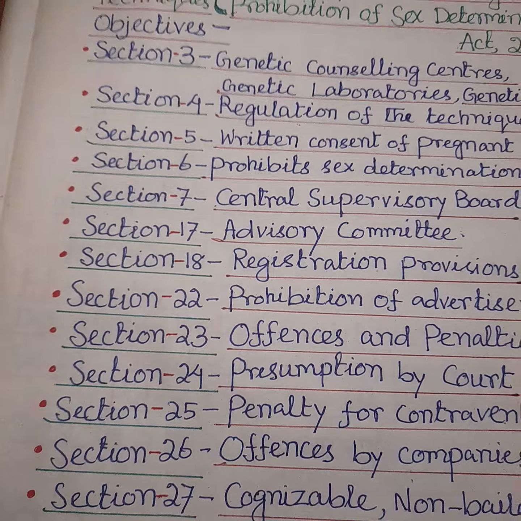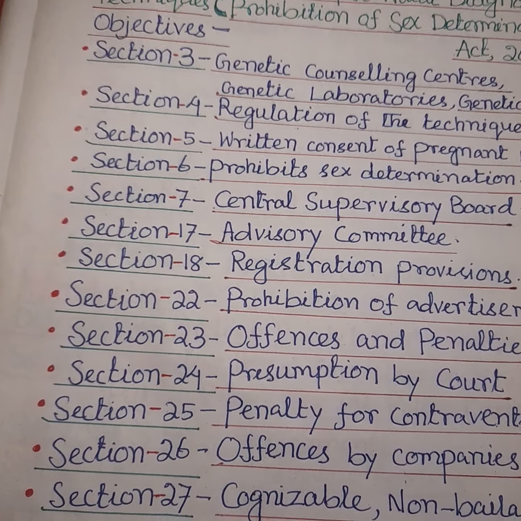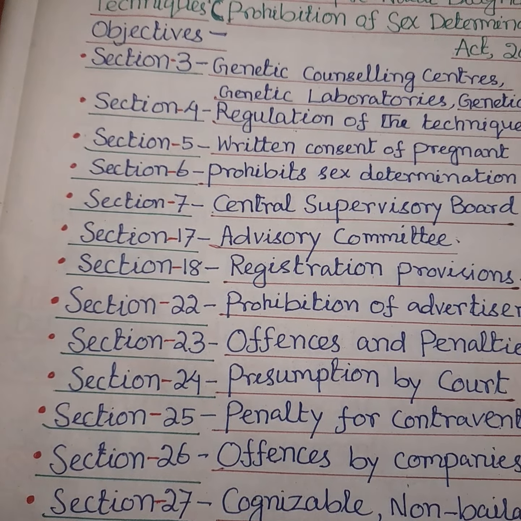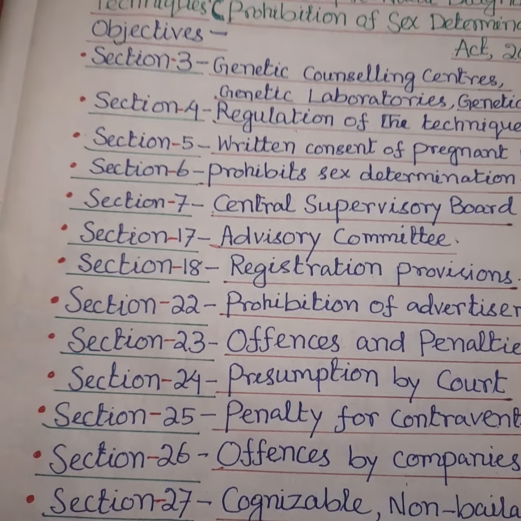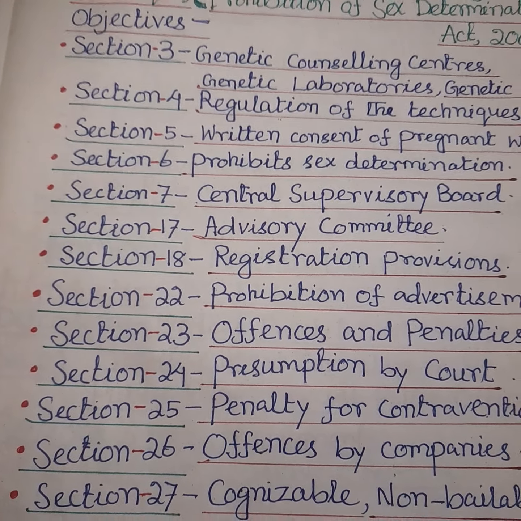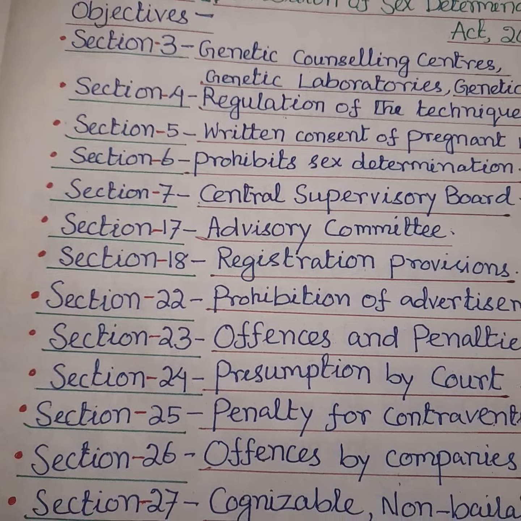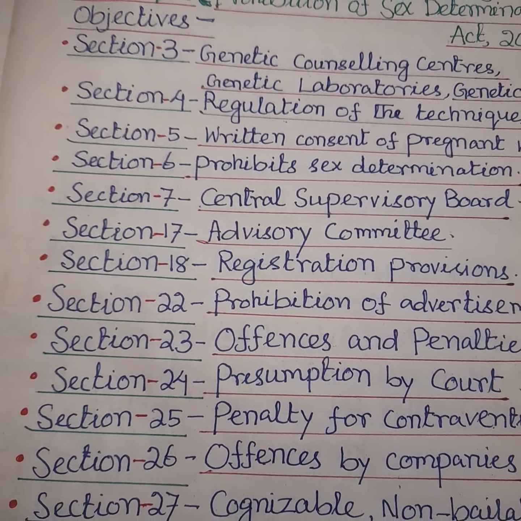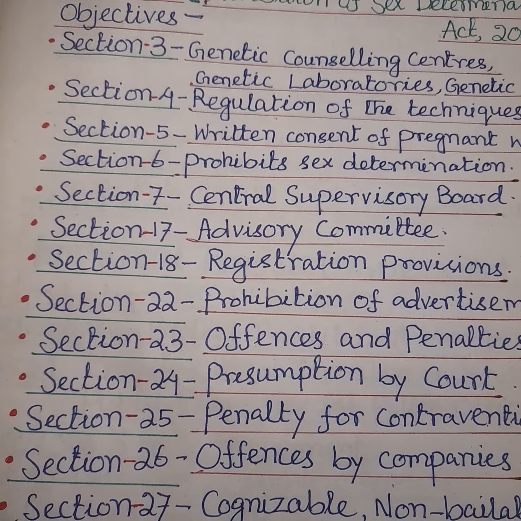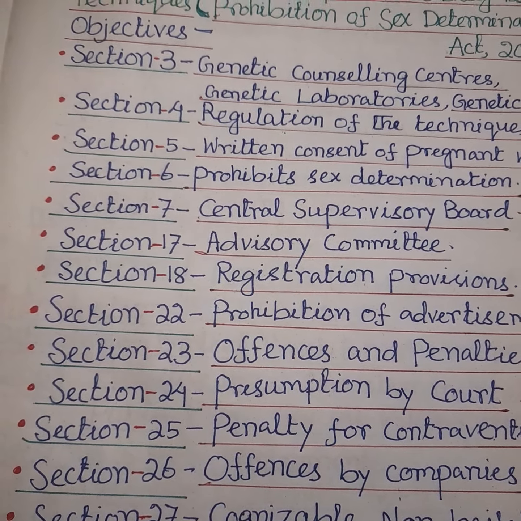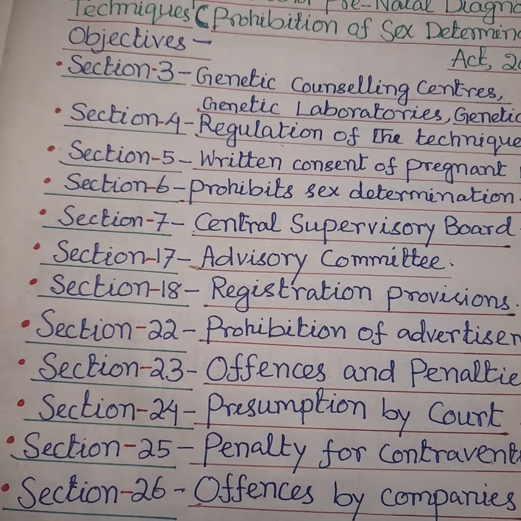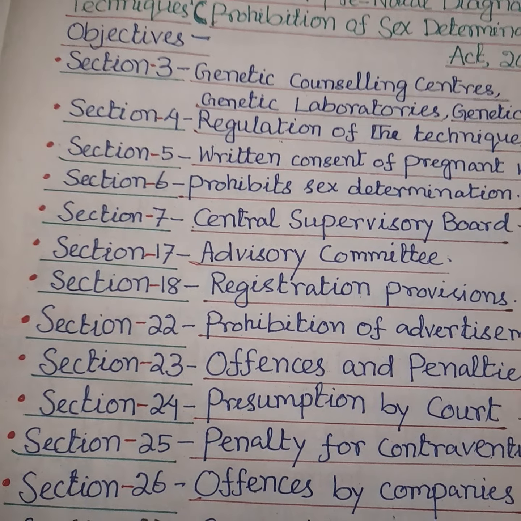So the Act provides for prohibition of the misuse of prenatal diagnostic techniques for determination of sex of the fetus leading to female feticide, prohibition of advertisement of prenatal diagnostic techniques for determination of sex, and permission and regulation for the use of prenatal diagnostics for the purpose of detection of specific genetic abnormalities or disorders.